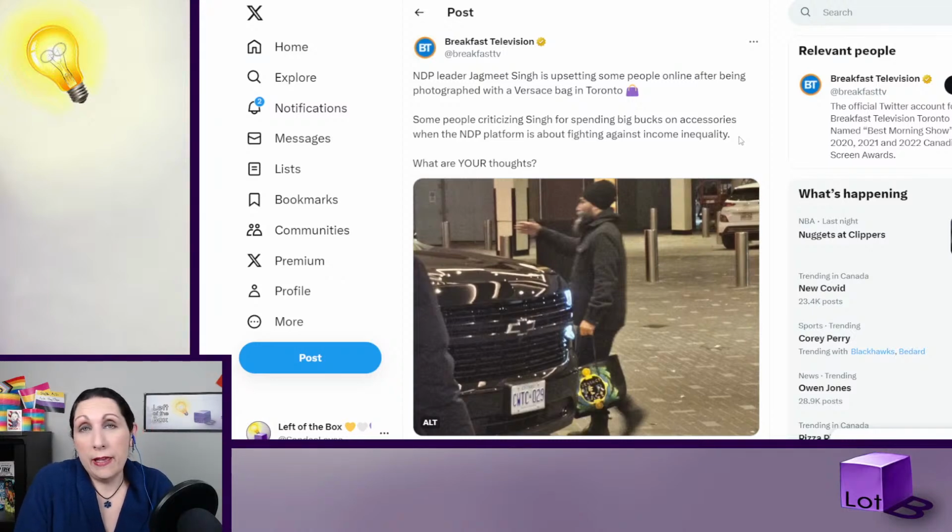And yet Pierre Poilievre, despite his government-funded housing and healthcare and everything that he possibly needs, being a millionaire and a landlord, he is making himself seem more like a person of the people than Jagmeet Singh. Canada wants a populist. The only populist right now is Pierre.